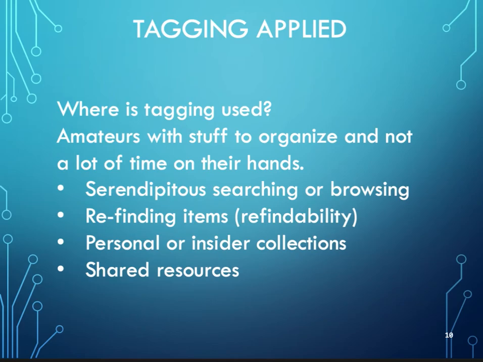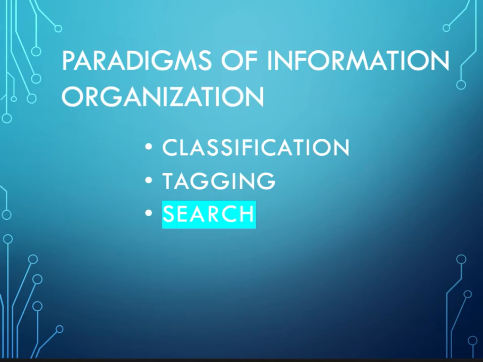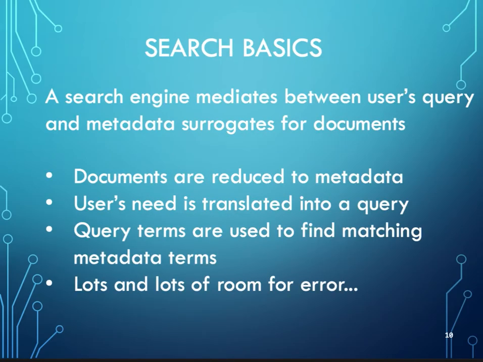And next we take a look at search. In the basic search engine, it mediates between user query and metadata surrogates for documents. Documents are reduced to metadata when, for example, you do a Google search. You need to translate into a query.